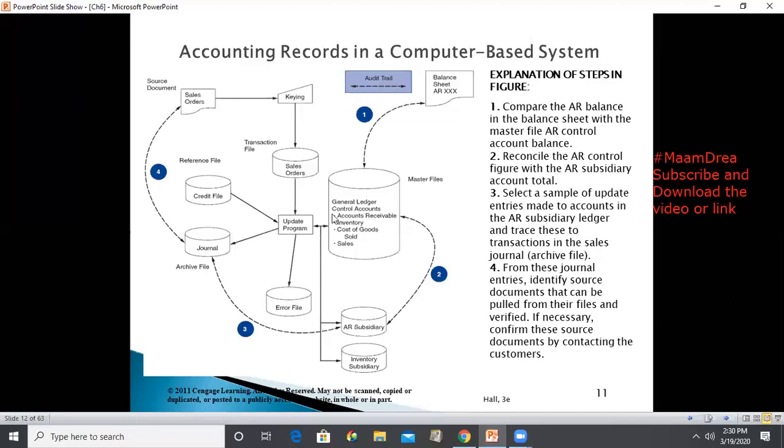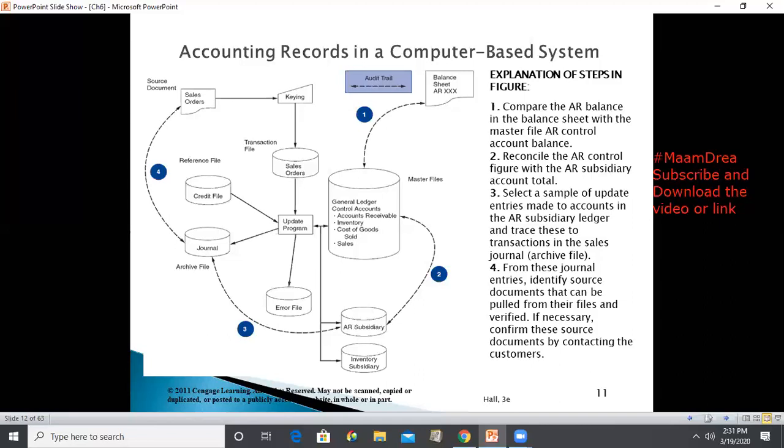And all else, anything that is not rejected, or the remaining good records, are used to update our master files. Only these transactions are added to the archive file that also serves as our sales journal.